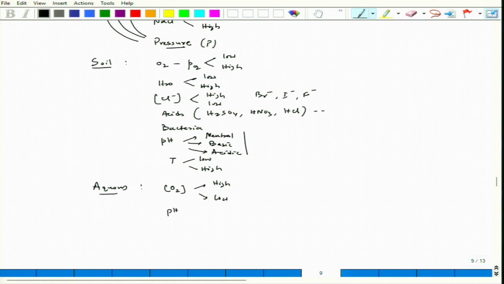It can be high, low, medium, that means neutral, basic and acidic. Then we have to talk about the presence of ions, chlorine ion or halide ions, that could be high or low depending on the location. In a coastal area, chlorine ion concentration would be very high, away from the coastal area it would be very low, and the corrosion process would also be different.